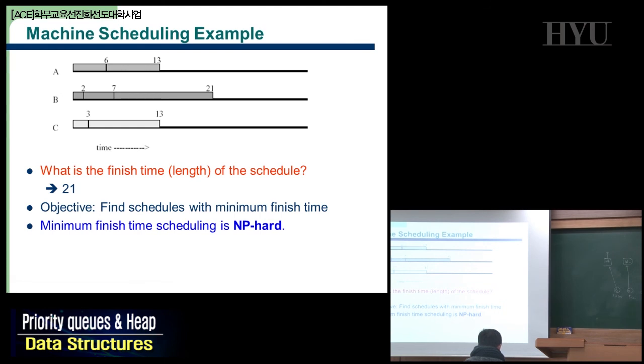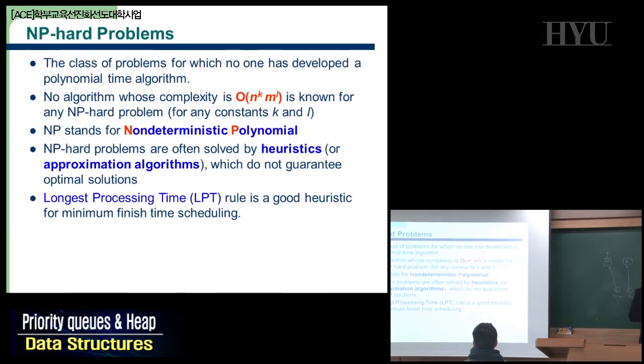But in formal terms, minimum finish time scheduling is something called NP-hard. NP-hard means this: a class of problems for which no one has developed any polynomial time algorithm. 폴리노미얼이 뭐야? 다차 방정식이죠? 10차든 20차 방정식이든 there is no solution for that.